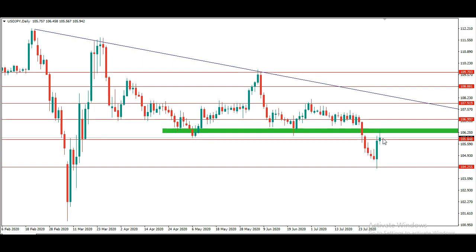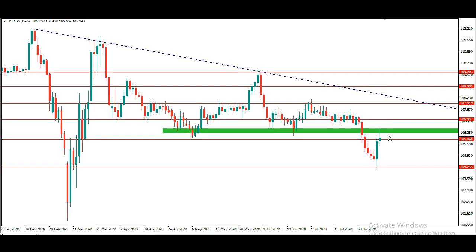However, the impulse on this candle was actually too much, and for that reason I will not be in a hurry to run into this trade just here, because this rejection right here could be a trap, and at the end of the day you have a situation where it will fail. So before I take a trade on USDJPY, I want extra confirmation of this area holding as resistance.